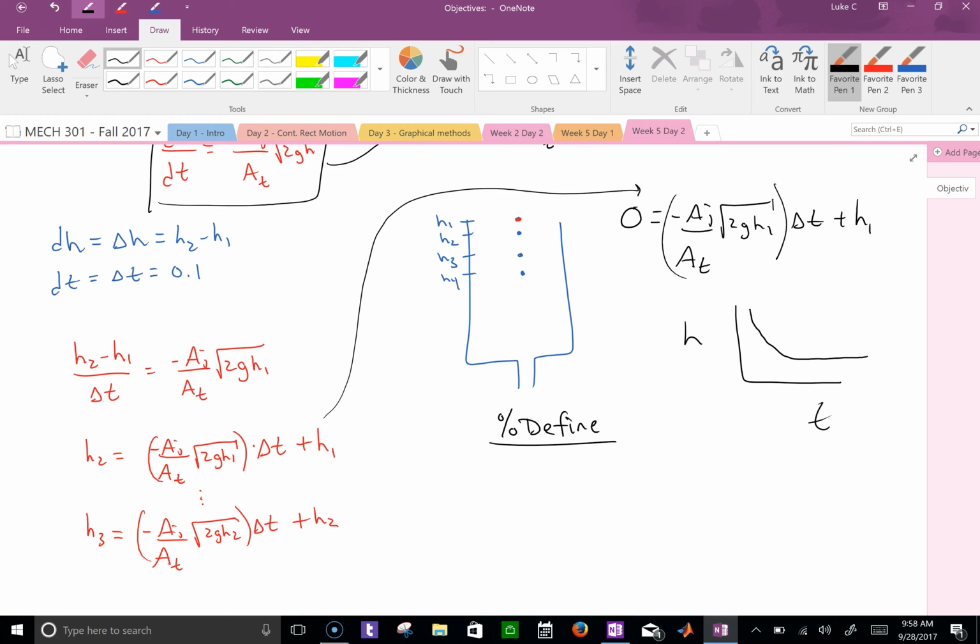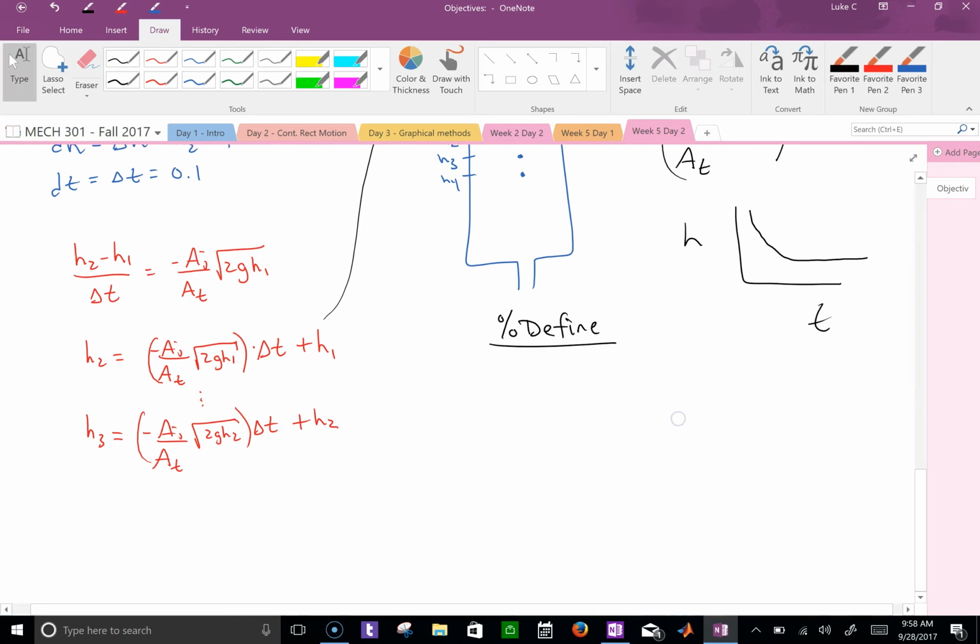Where was I? Okay, so in MATLAB, and you can do this in Excel, it doesn't matter, you're going to define dj, dt, g, and delta t. So we'll call it dt.